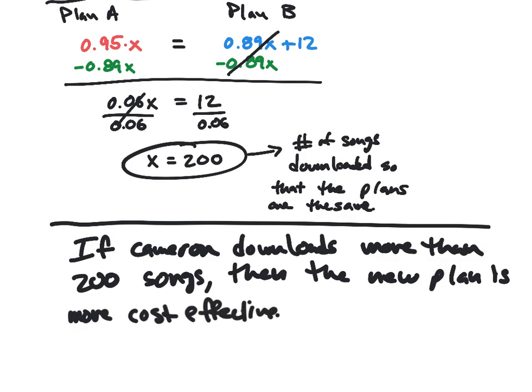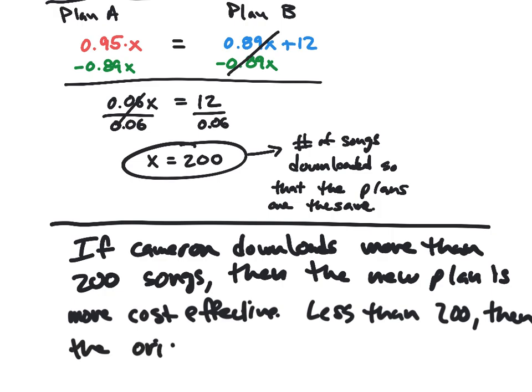If he downloads less than 200, then the original plan is more cost effective.